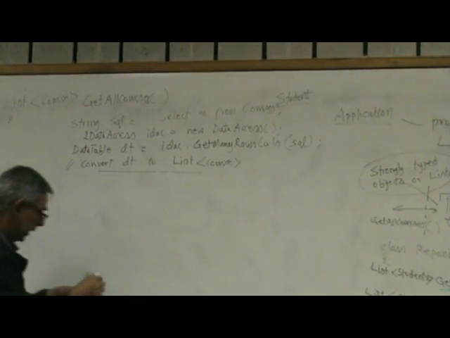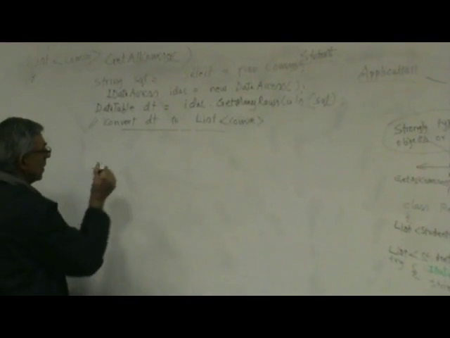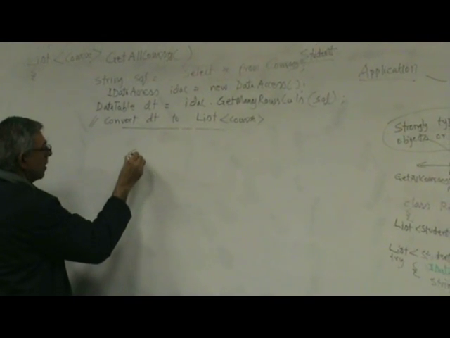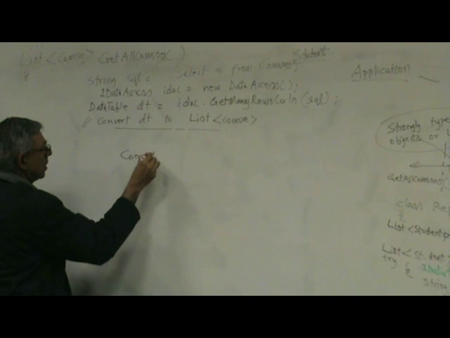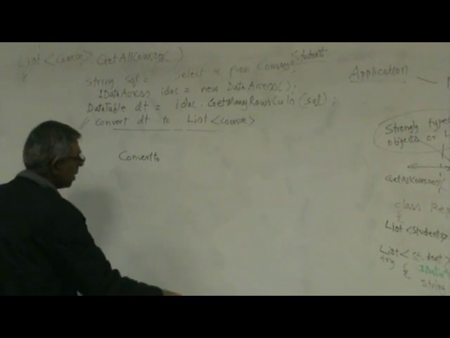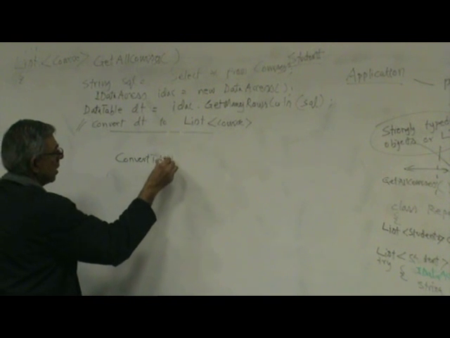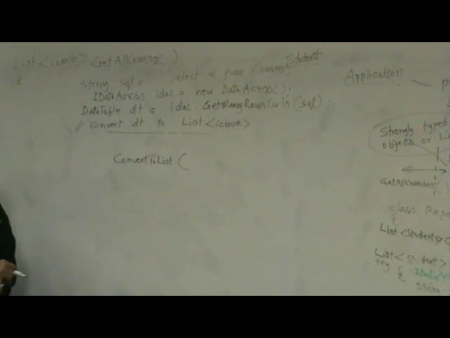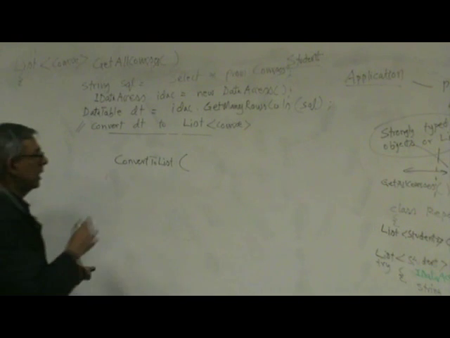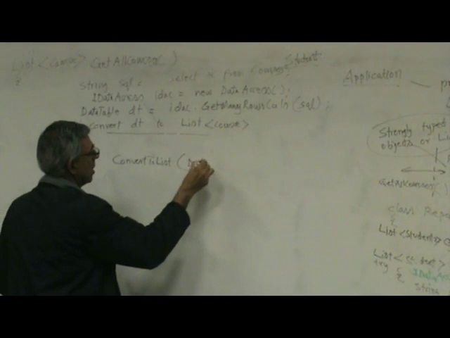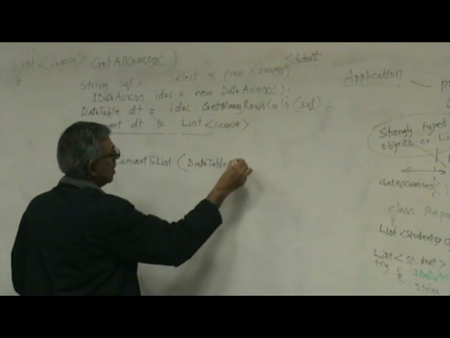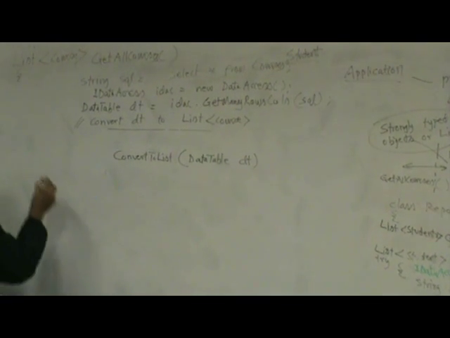Okay, so now let's call this method ConvertToList. What will be the input over here? Data table. What will be the output over here?